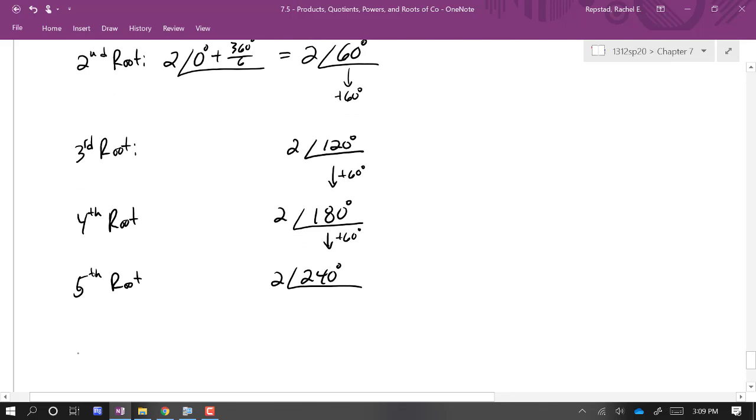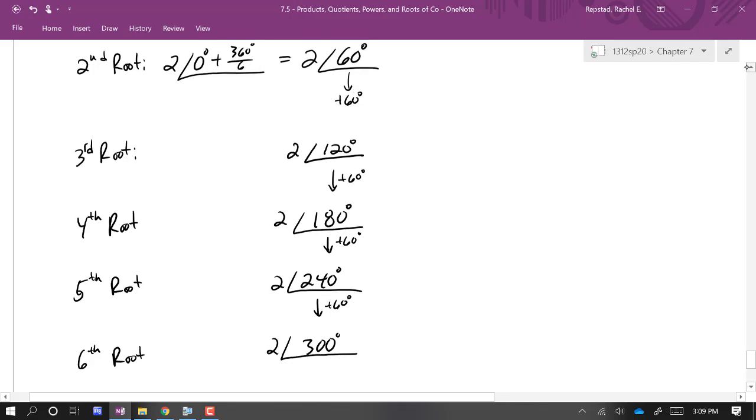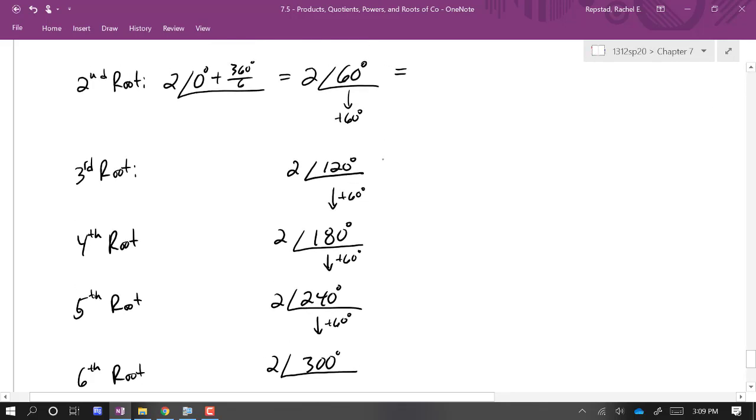And then our sixth root is 300 degrees. So we have the polar form of all these roots. We can get the rectangular form just by plugging in, finding basically the components of the number, r cosine and r sine.